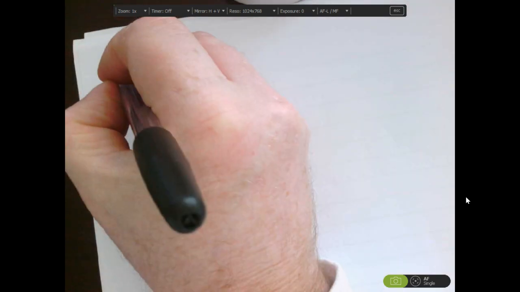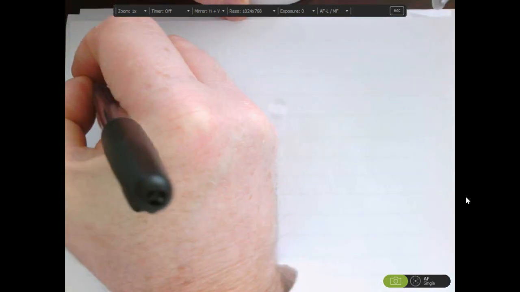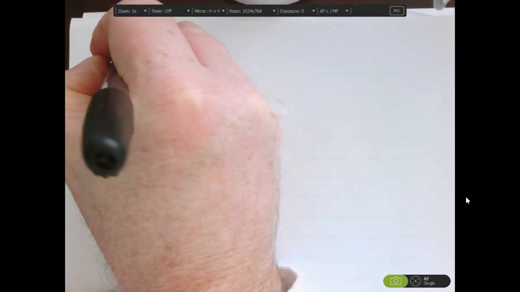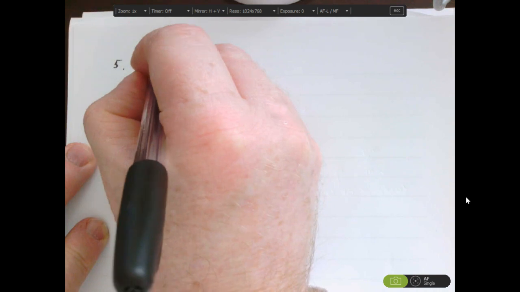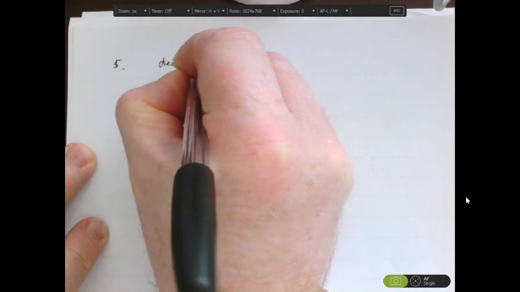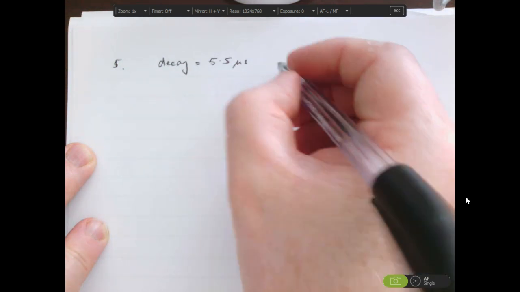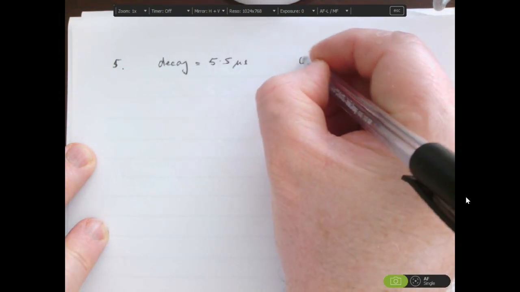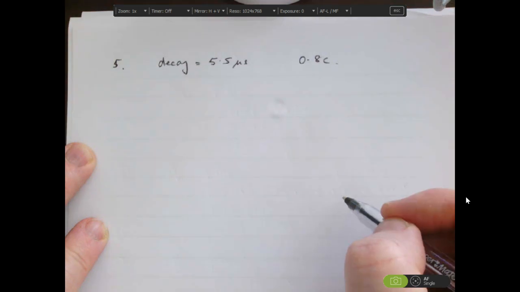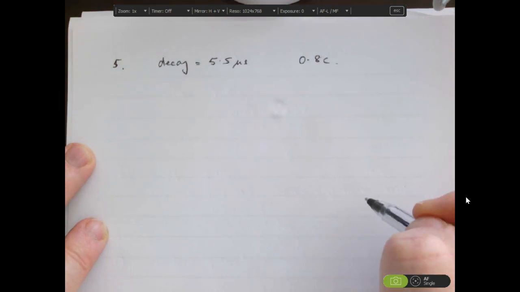So we've got, just let me straighten that up. Question 5 it is, sorry. We've got a decay time equal to 5.5 microseconds when it's traveling at 0.8 C. Like always, we need to find the gamma factor.